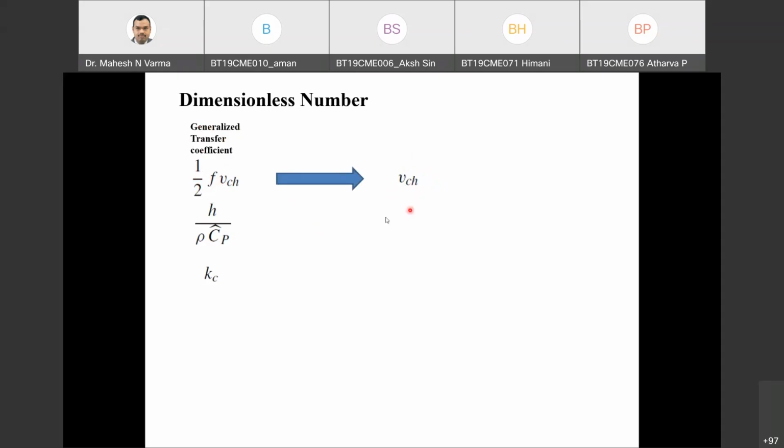So what is this velocity? Velocity is kind of a driving force also, and that will also represent a generalized transfer coefficient in momentum transfer. So velocity plays a double role in momentum transfer. In the interface flux, it gives you the driving force also.